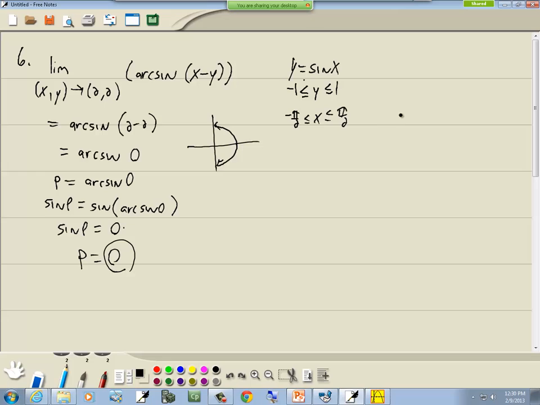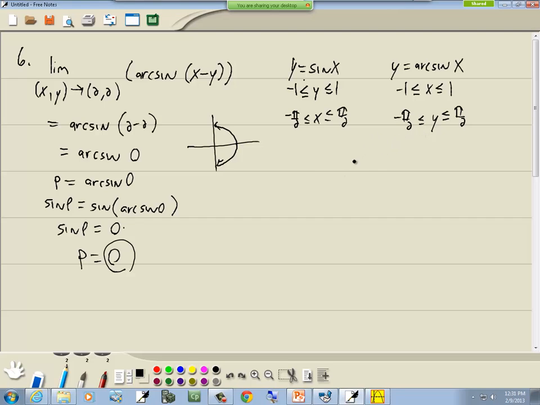Now when we're talking about arcsine, which is the inverse of that, these flip. This is my range on this, so it becomes my domain over here. So my x values are going to go from negative 1 to 1, and then my y values will go from negative pi over 2 to pi over 2.